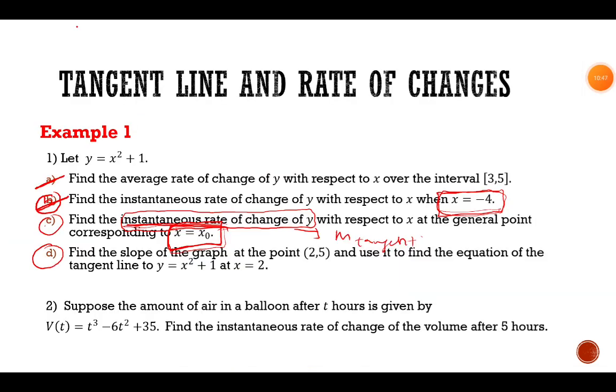Okay, now we're gonna proceed with D, the last question for example 1. Find the slope of the graph at the point (2, 5) and use it to find the equation of the tangent line, y equals x square plus 1 at x equals 2.